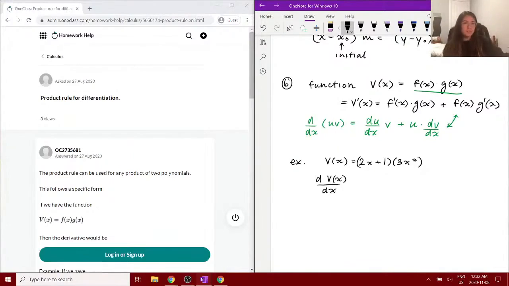I just want to make it clear that this is the same thing as saying dv by dx, using the prime notation. These two both are just saying the derivative of the function v, okay? So just to be clear, the notation means the same thing.